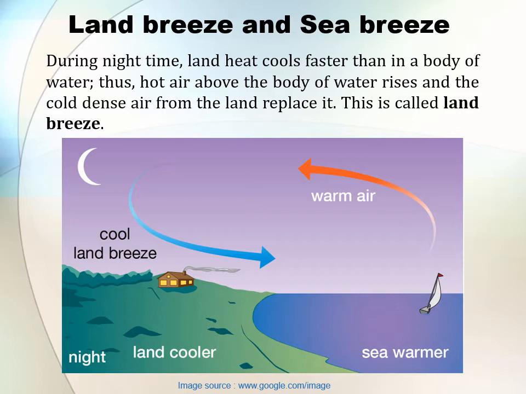During night time, someone standing on the beach feels a smooth breeze going from land towards sea. As the surface wind comes from the land towards the sea, it is known as land breeze.